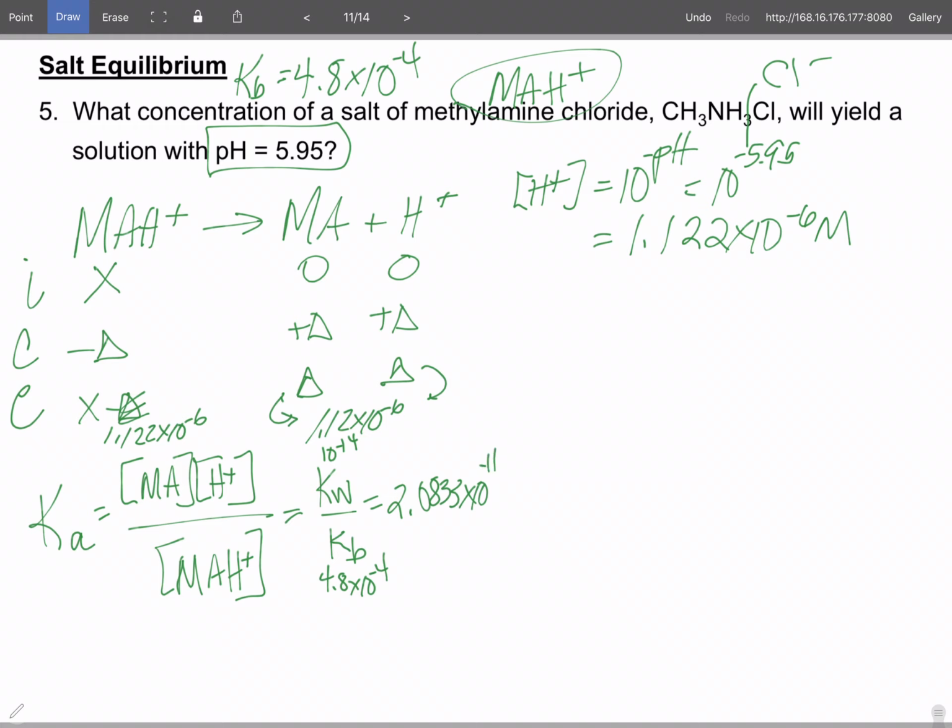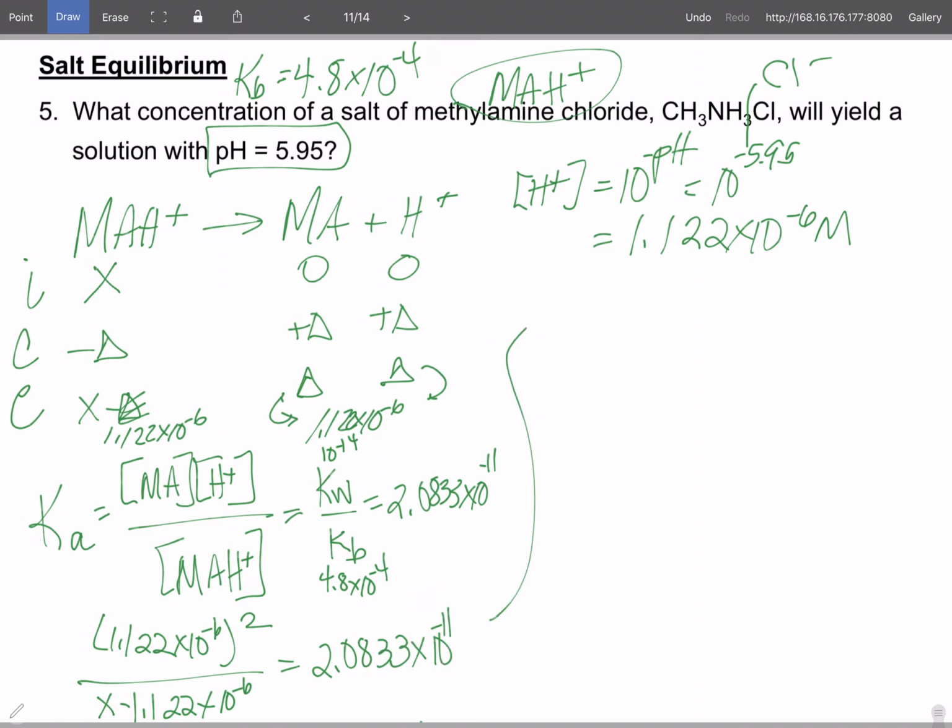So what we end up with is 1.122 times 10 to the minus 6 squared divided by X minus 1.122 times 10 to the minus 6 is equal to 2.0833 times 10 to the minus 11th. Okay, so we go over here and we do the ugly A word, which is algebra. So we end up with 0.0604273988 is equal to X minus 1.122 times 10 to the minus 6.